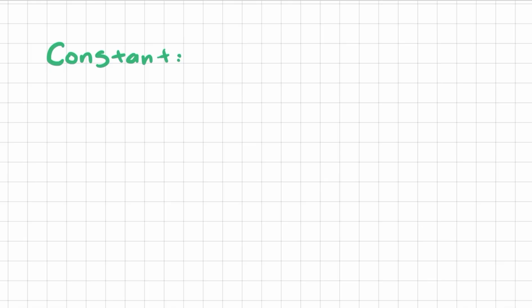If I just have a number, so say I have the number 7, that is because I have a degree of 0, meaning the x variable in this has a degree of 0. It's just not there, okay?